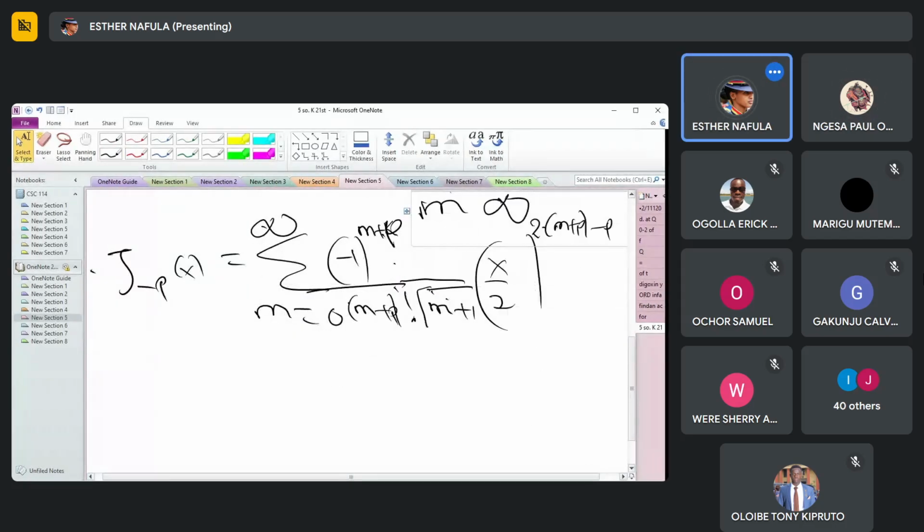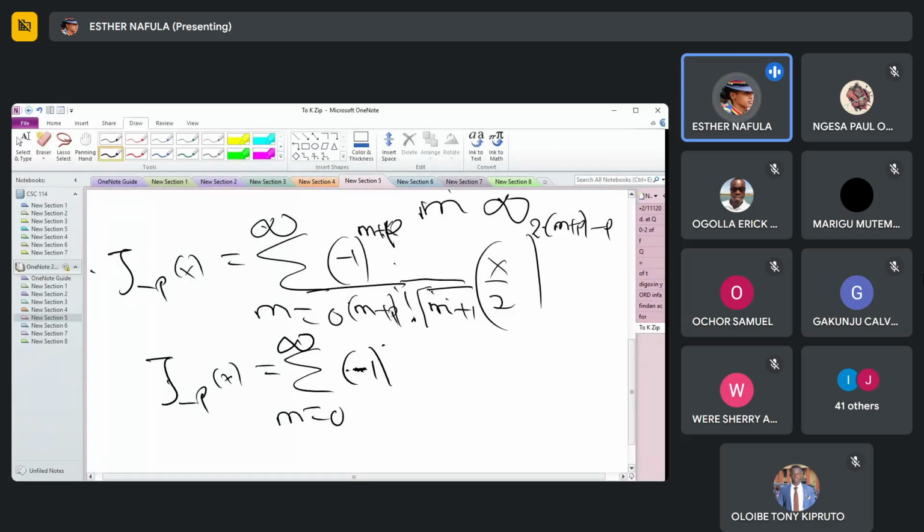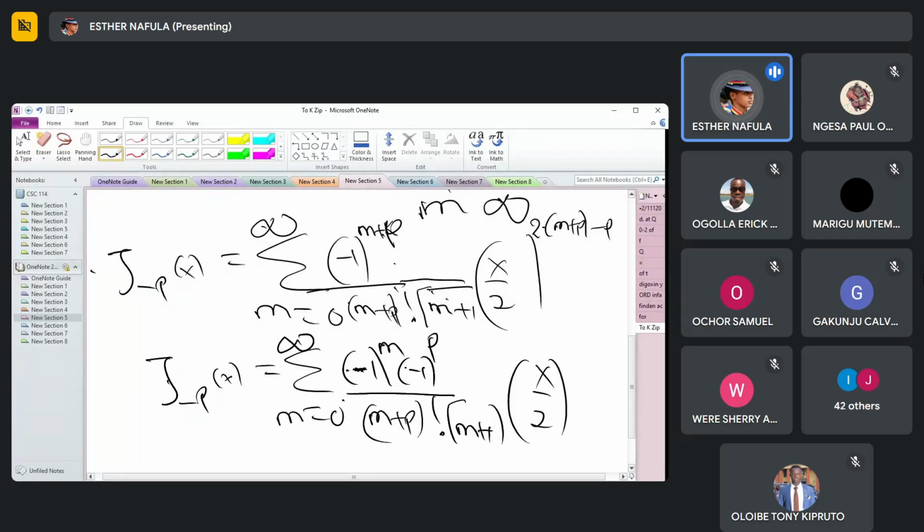Let's simplify this. J minus p of x equals summation from m equals 0 to infinity. We can split the minus 1 to the m plus p, using laws of indices to add the powers, so we have minus 1 power m times minus 1 power p, divided by m plus p factorial gamma of m plus 1, x over 2 raised to, let's distribute the 2 into m plus p minus p.